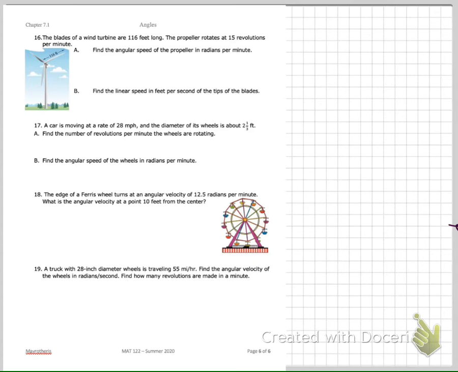So A wants the angular speed of the propeller in radians per minute. And so here is what I'm going to tell you about not overthinking. I know that the propeller rotates at 15 revolutions per minute. I know that I want an answer in radians per minute, so I need to get rid of these revolutions.